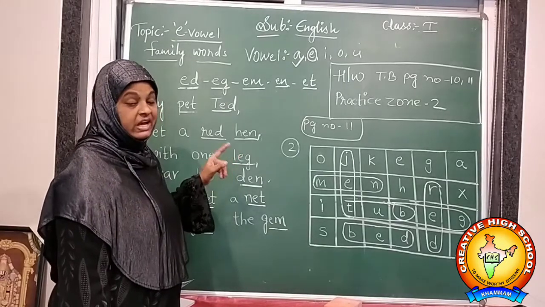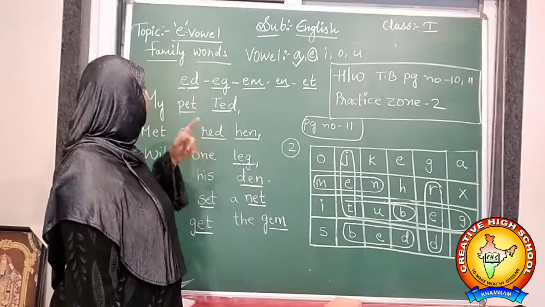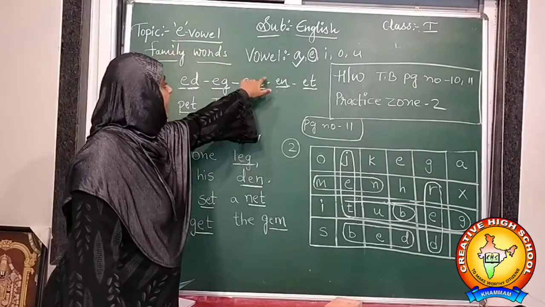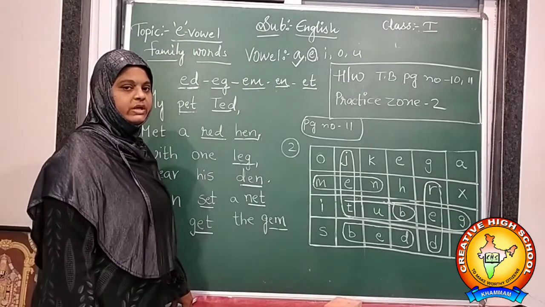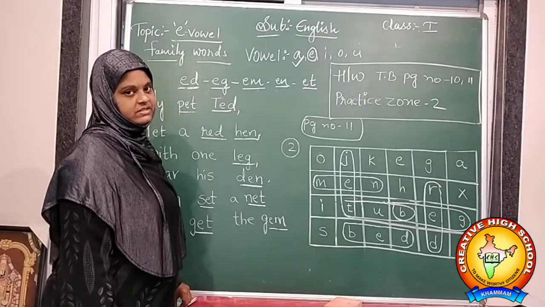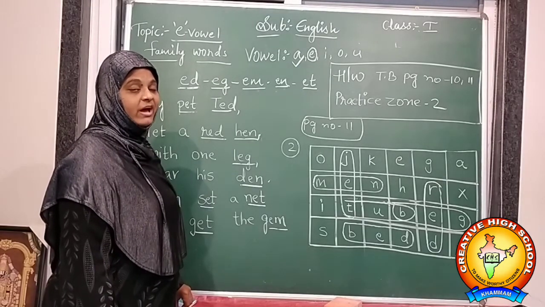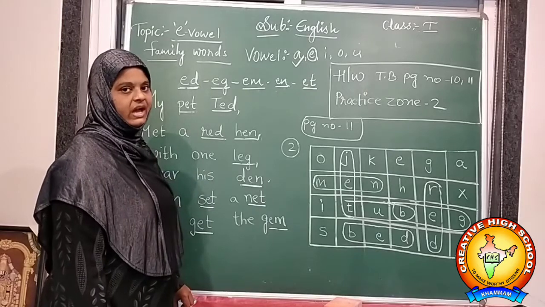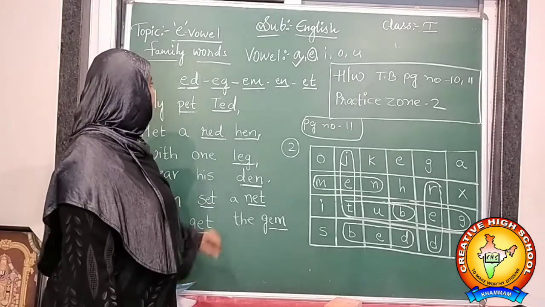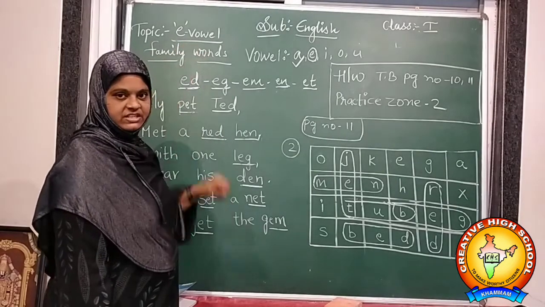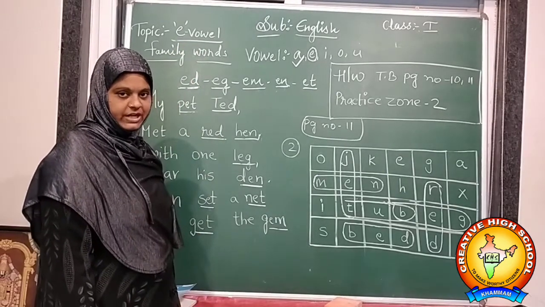That is the homework. In the next lesson, we have completed A and E. We are going to learn about I letter words, I vowel family words. We completed A letter words in the first topic.